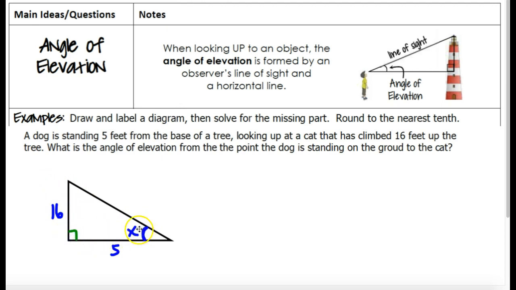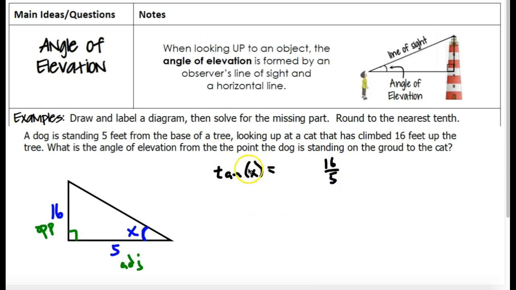So with respect to this angle, this is the opposite side, this is the adjacent, just like in the last problem. So again, we're going to use tangent. So my setup will be tangent of x equals opposite over adjacent, so equals 16 over 5.